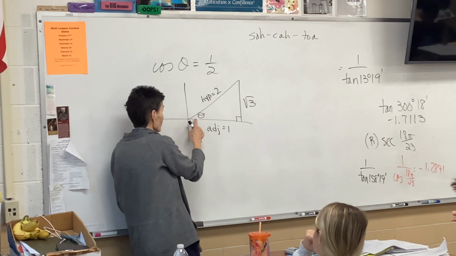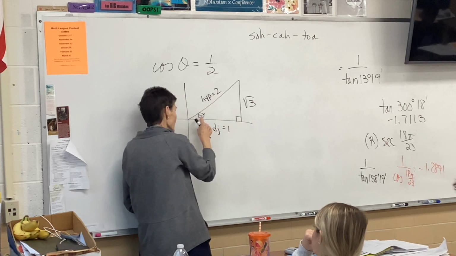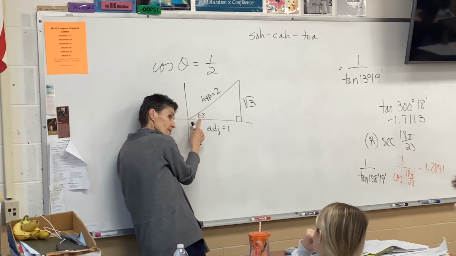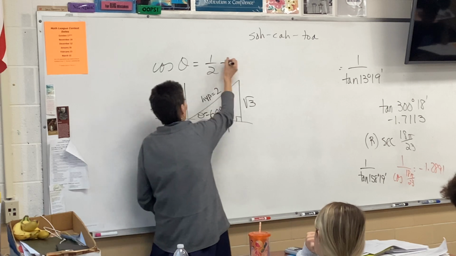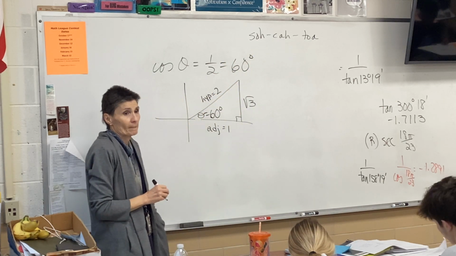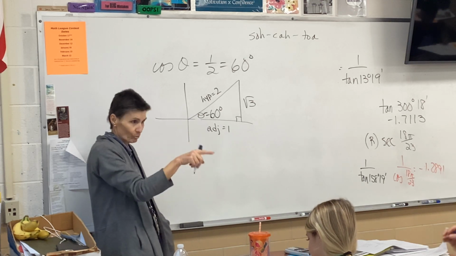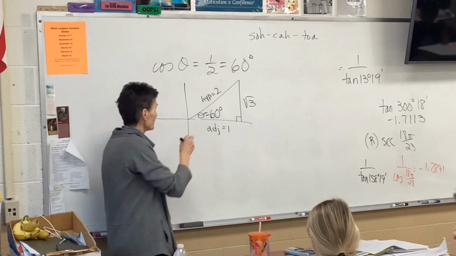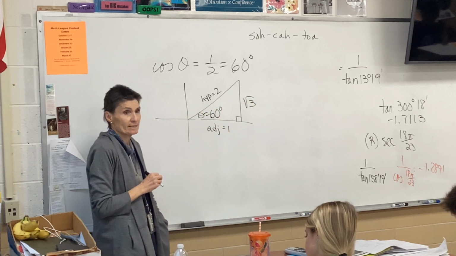Okay? So we have a 1, a root 3, and a 2. Anybody want to take a guess what that angle is? If you said 60, you are perfect. 60 degrees. Why? Because it's across from the root 3. And the angle that's across from the root 3 is 60.